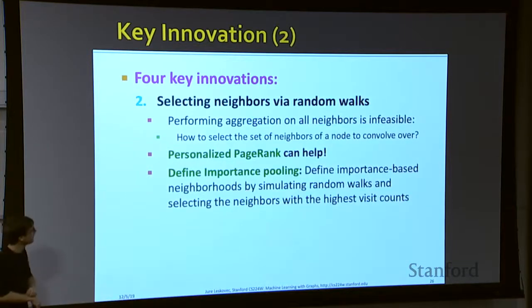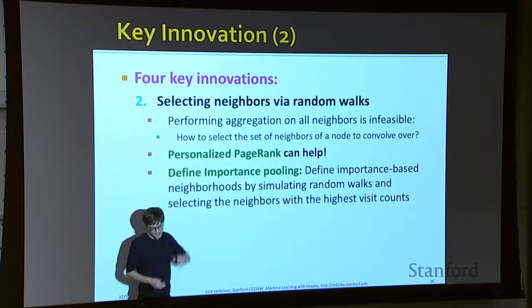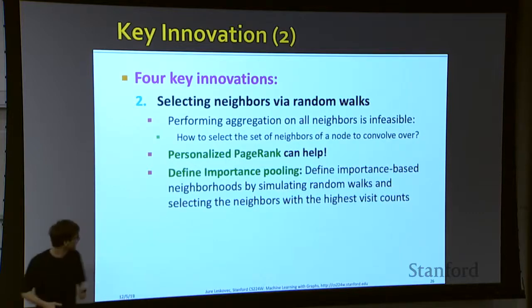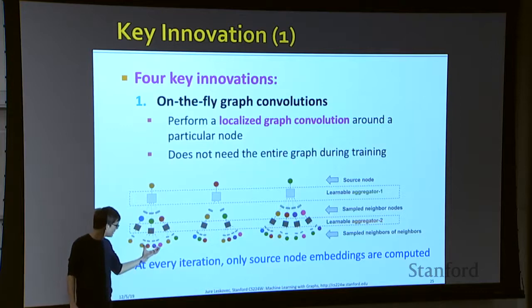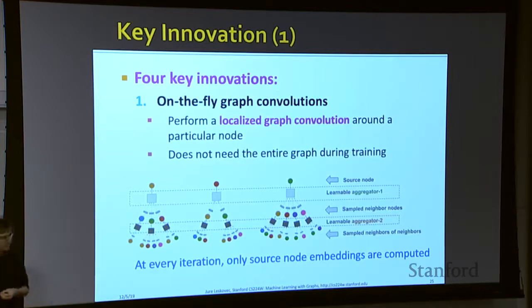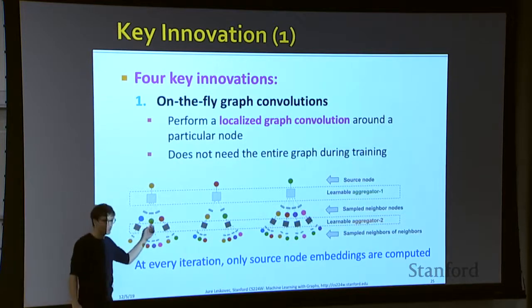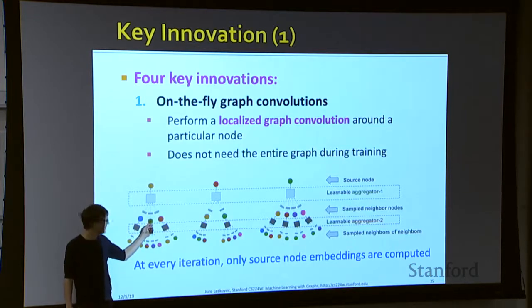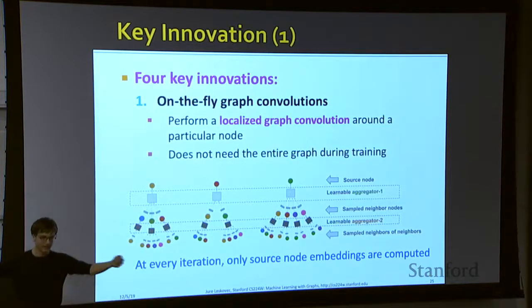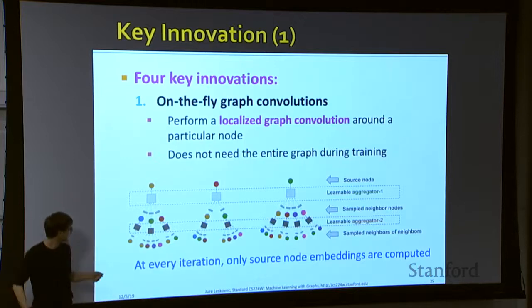The second thing that becomes very important is when we do aggregation. When I initially talked to you, we said, oh, just take all the neighbors and aggregate. But the point is, you don't want to do that, right? If you have a super popular pin, I don't know, you have a Lady Gaga or I don't know, Kim Kardashian pin, right? You don't want to aggregate from, I don't know, all the followers of Lady Gaga.